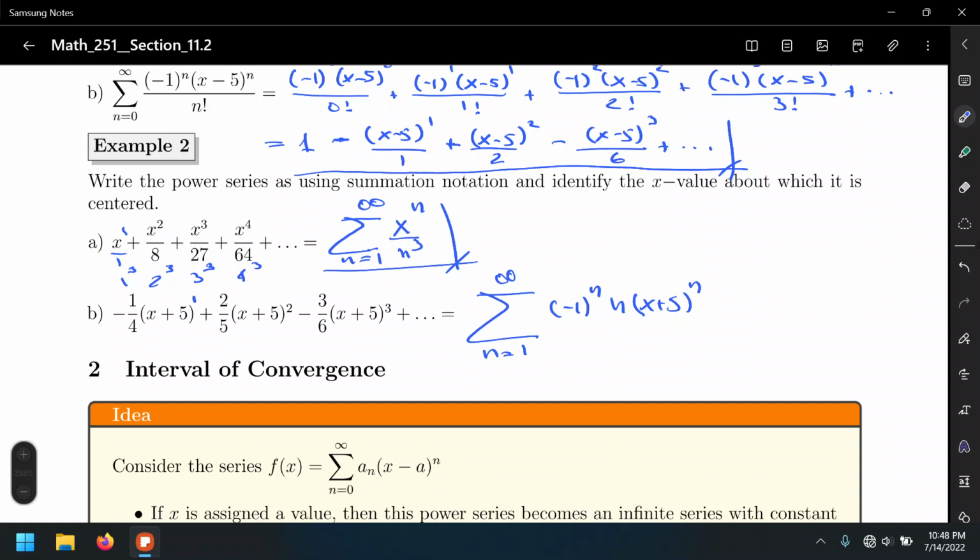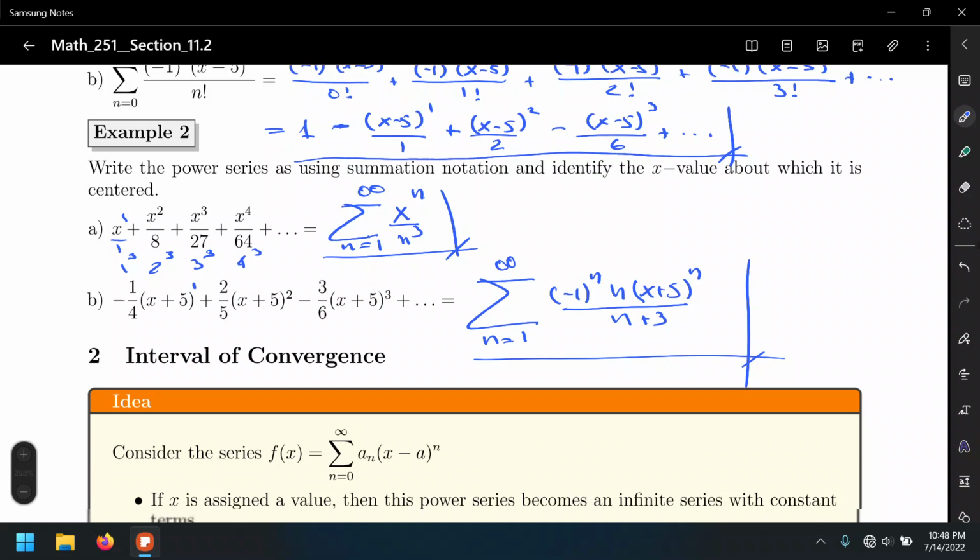What's the difference between 2 and 5? How about having an n plus 3 in the denominator? Because if n equals 1, 1 plus 3 gives us a 4. For n equals 2, 2 plus 3 equals 5, etc. So this should work. That's just a little bit on working with power series.